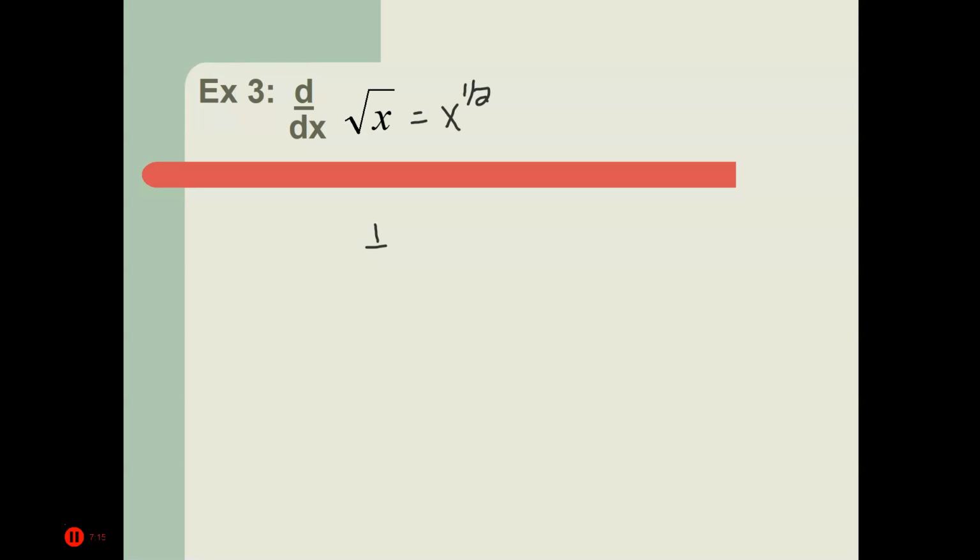So it's 1/2 x to the 1/2 minus 1. So you get 1/2 x to the negative 1/2, which is 1 over 2 square roots of x, or 1 over 2 x to the 1/2.